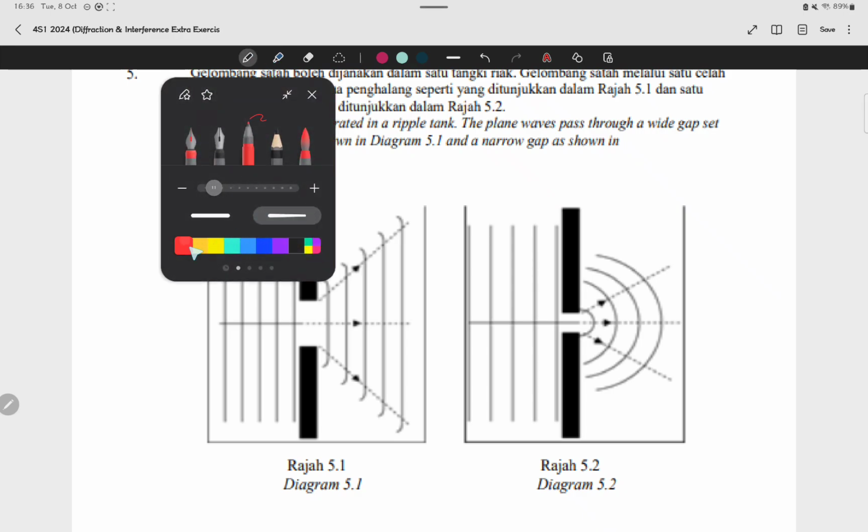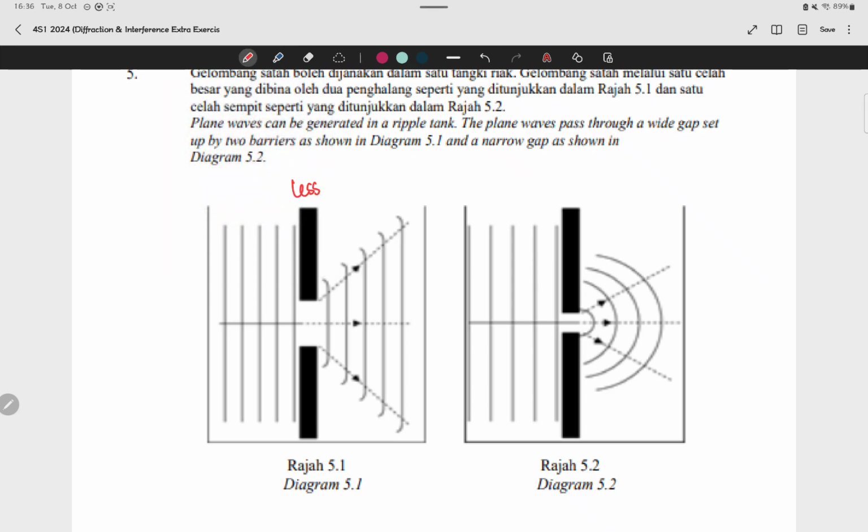So we can write that down. This one is less obvious. This one is more obvious diffraction.